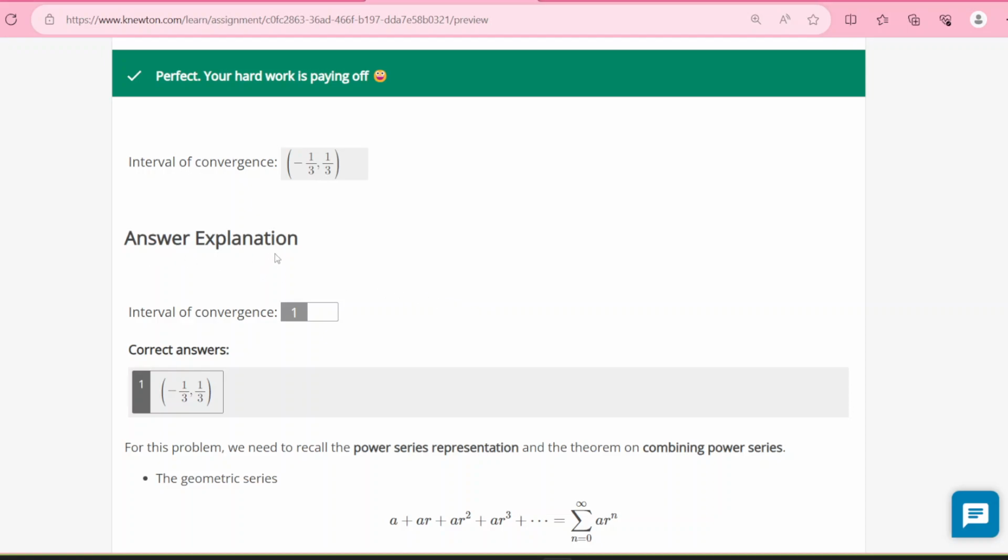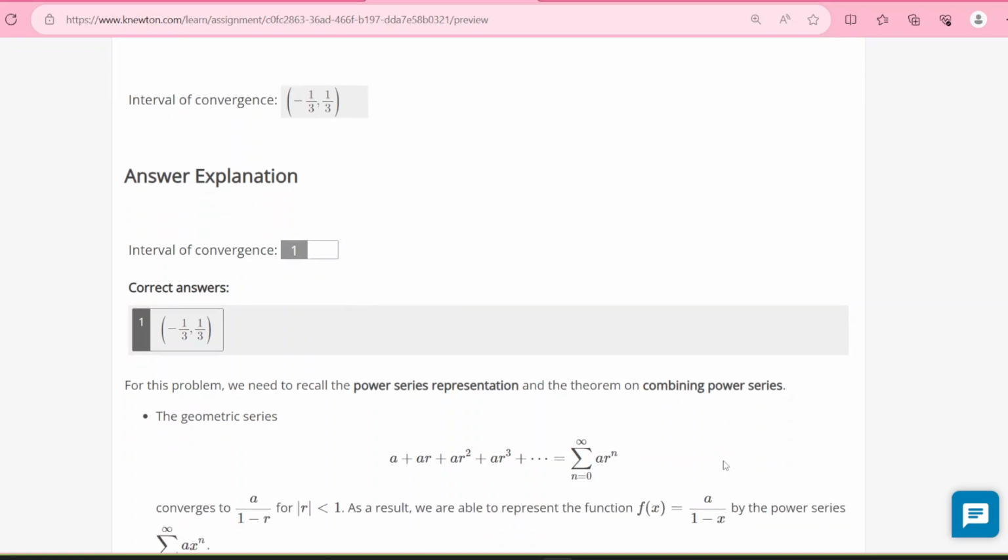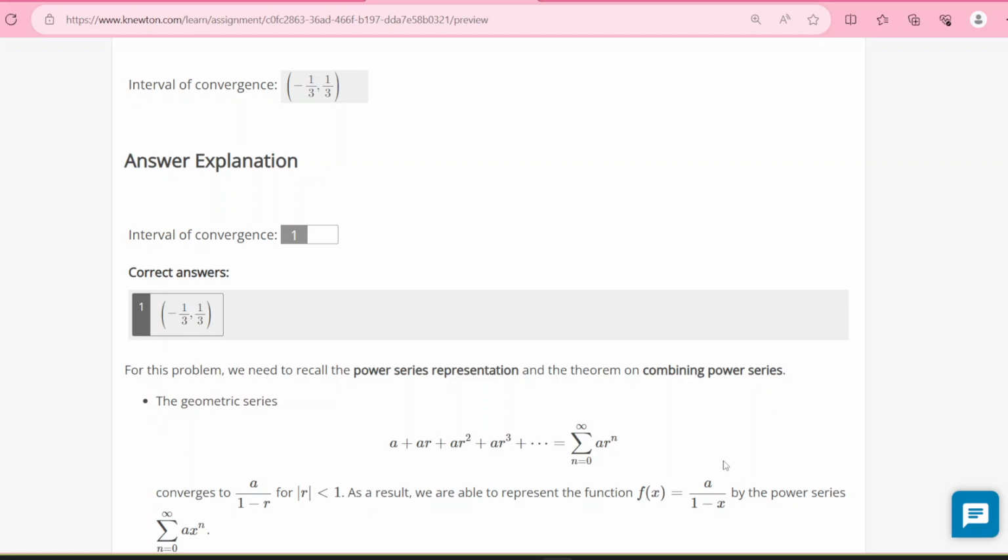If you're correct, I'd still recommend glancing through just to make sure you know that you're right for the right reasons, that you didn't just guess correctly. And who knows, maybe even in the answer explanations, they'll explain how to do something in a way that you like better and you can use for future questions that are similar.